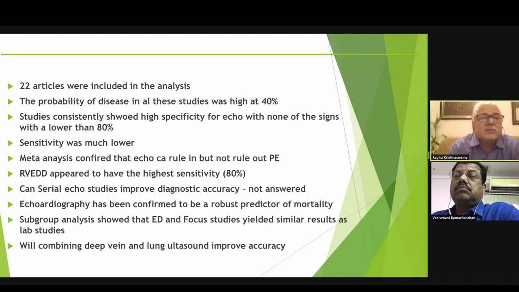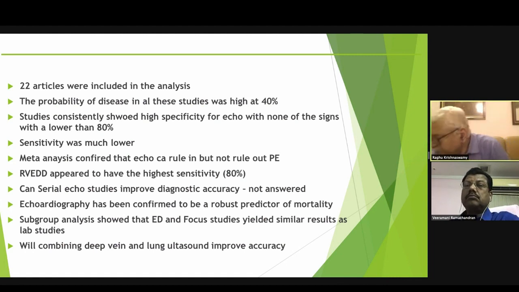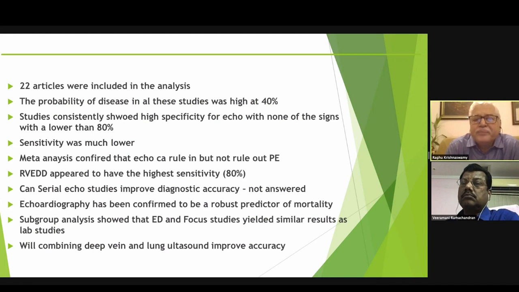Now, of the 22 articles, the probability of disease in all these studies was high at 40%. So they were preferentially looking at articles dealing only with pulmonary embolism. And the studies consistently showed high specificity for echo, with none of the signs lower than 80%. Most of them were in the range of 85 to 95.